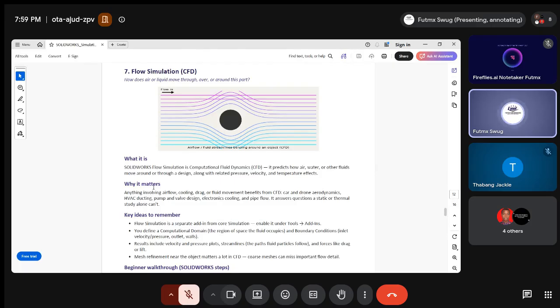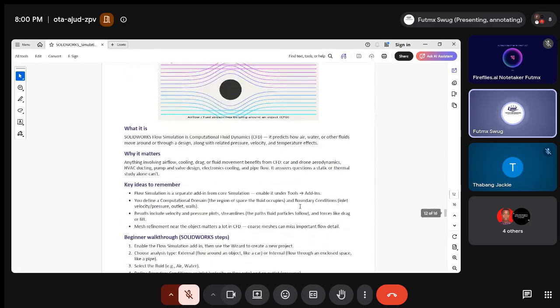Now, why this matters is that anything involving airflow, cooling, drag, or fluid movement benefits from CFD, that's computational fluid dynamics. Your car, your drone dynamics, your HVAC, your pump and valve design, electronics cooling, pipe flow, etc. They react to changing fluid flows.